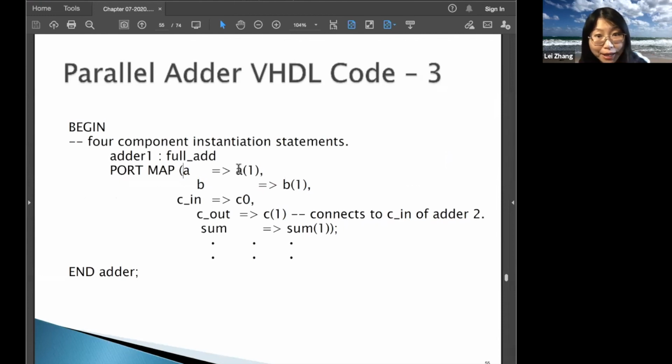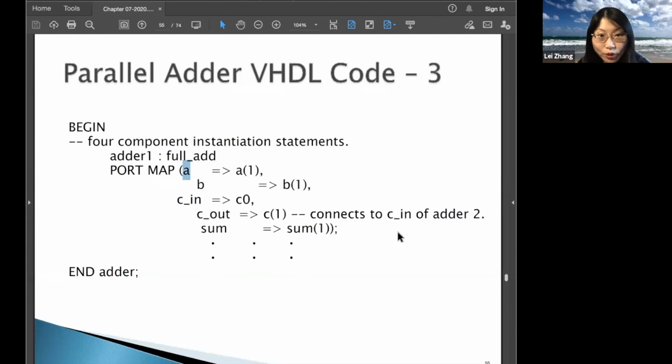What do I mean by that? You're connecting them together by assigning this A1, bit 1 of A, to this A port of the component. This is like when you draw a schematic, you connect these two ports via a wire or a line.